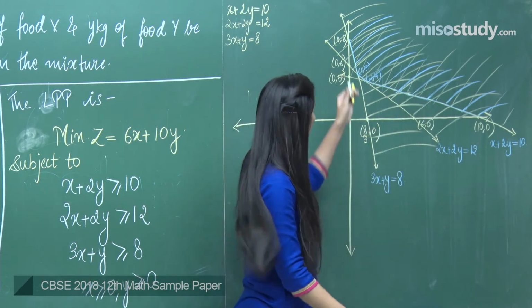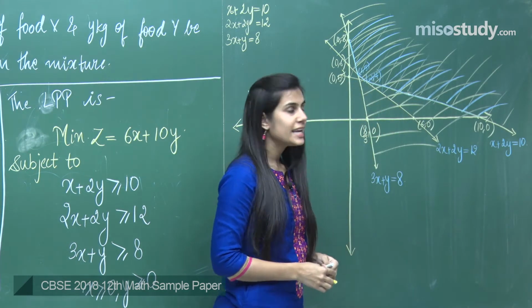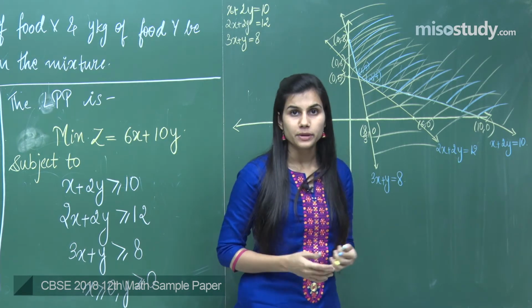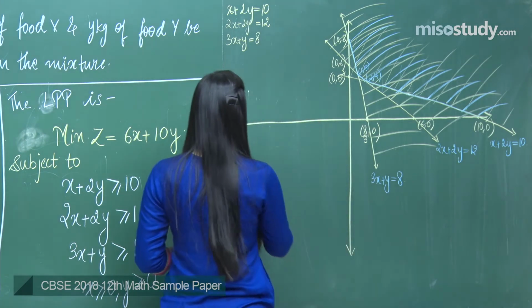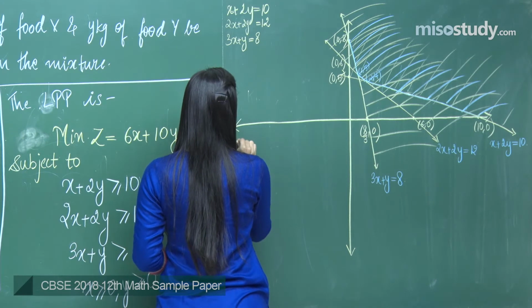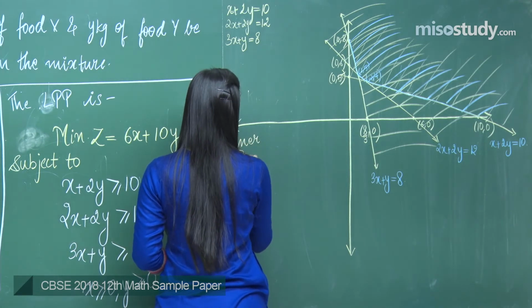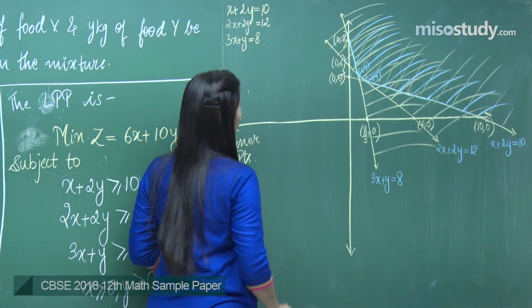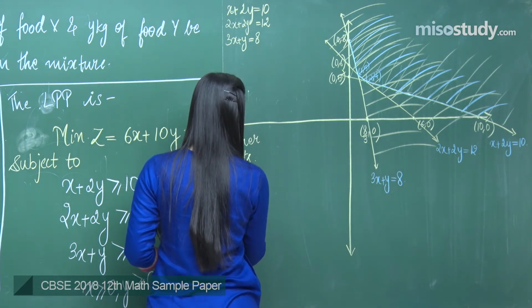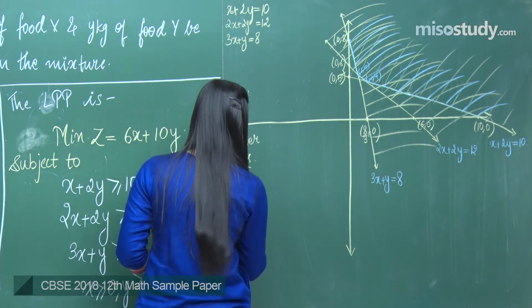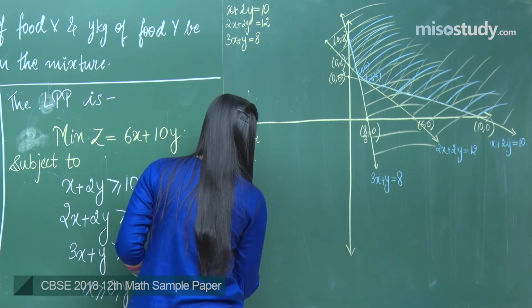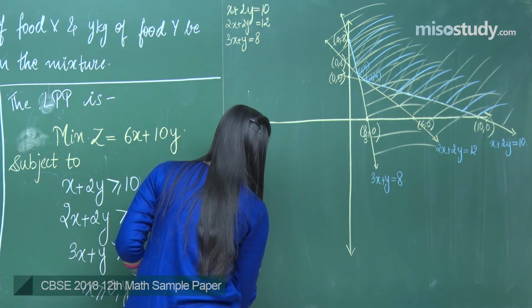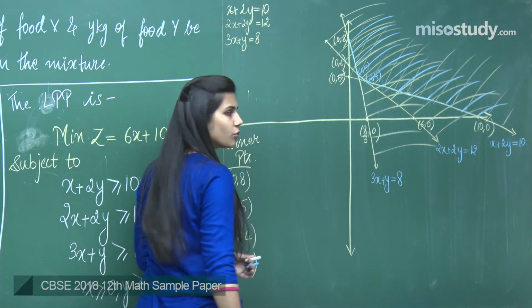Yes, the blue boundary of this region is the feasible region. After that, what you do? You collect the corner points. What are the corner points? You have 0, 8, then you have 1, 5, then you have 2, 4 and then you have 10, 0.